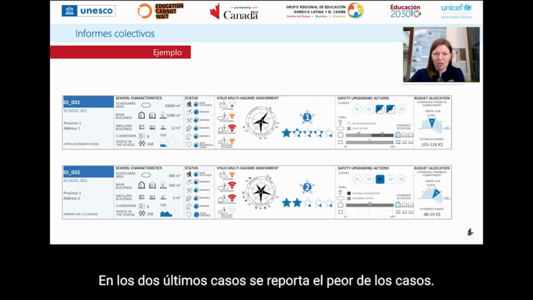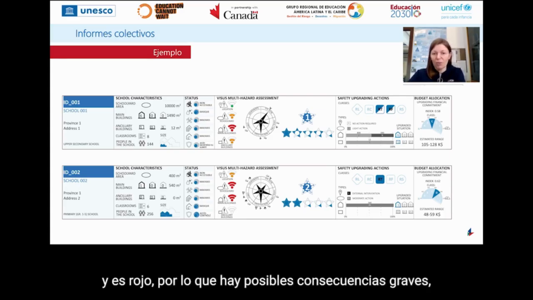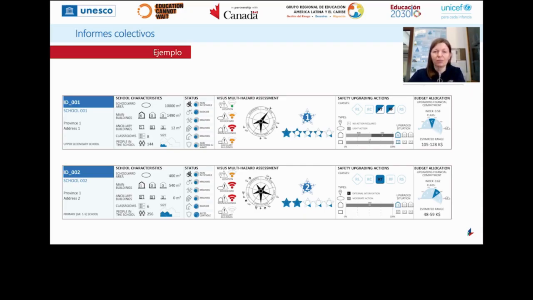In the last 2 cases, the worst case is reported. So if there is 1 main building red, so with severe consequences potential, and 5 main buildings with no consequences, here these indicators report the red condition because it's the worst condition among all the buildings.